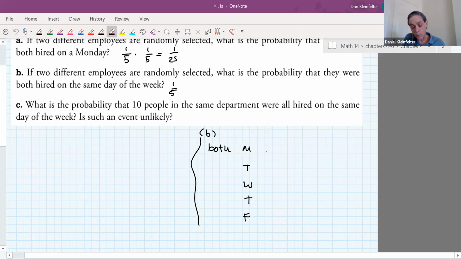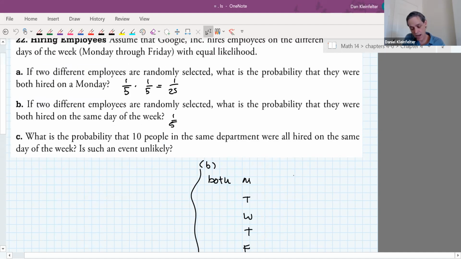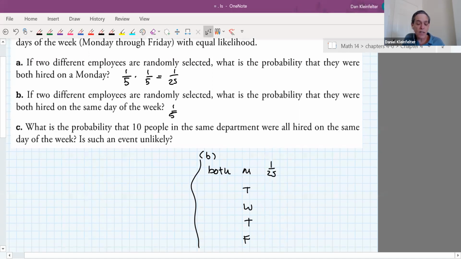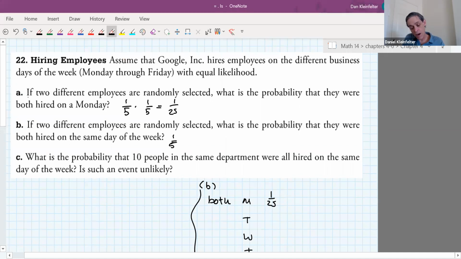So we're going to figure out the probability that they're both hired Monday, which we did already. That was part A. That was 1/25. And Tuesday would be the same, right? In part A, was there anything special about the fact that this said Monday? It could just as well have been Friday, and the answer would have been the same.